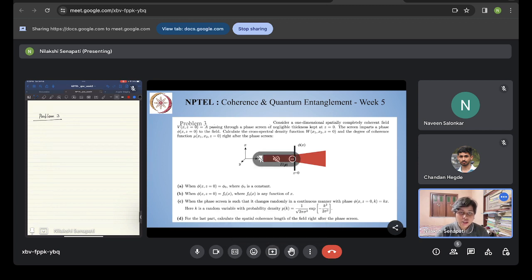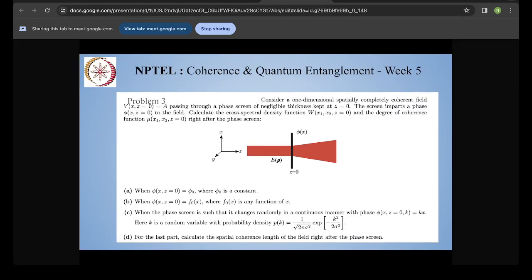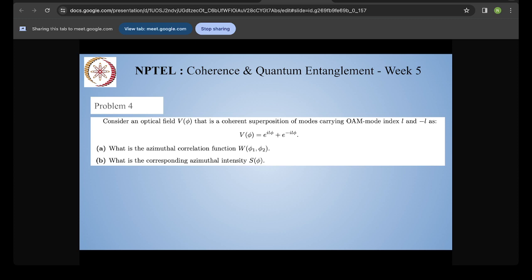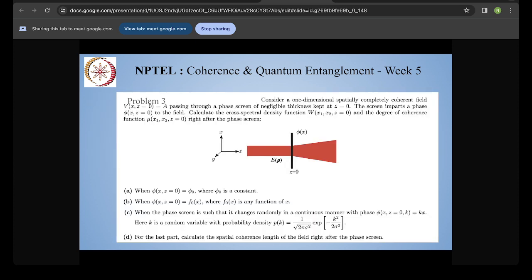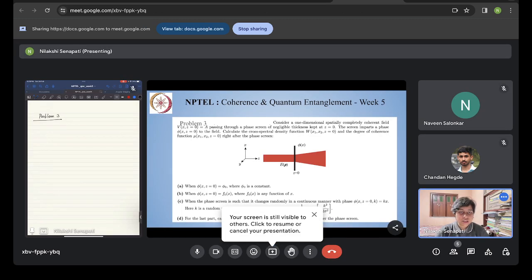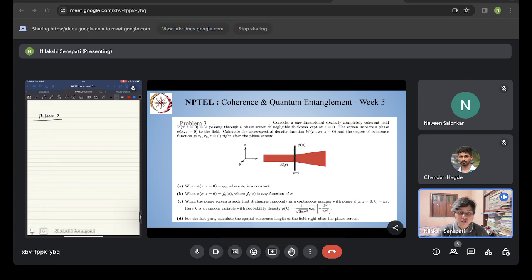I'll not solve it for you because otherwise I cannot provide you with the assignment solution. And I wanted to discuss one more question, but maybe not today if the time does not permit, because now we will directly solve the problems of angular degree of freedom and polarization degree of freedom.